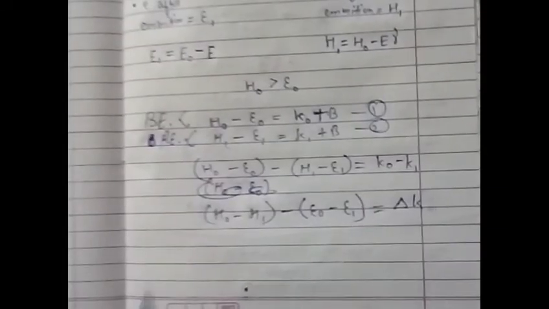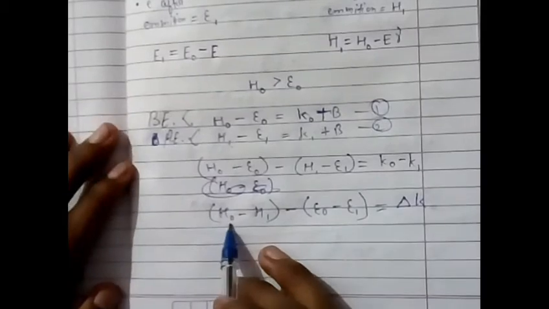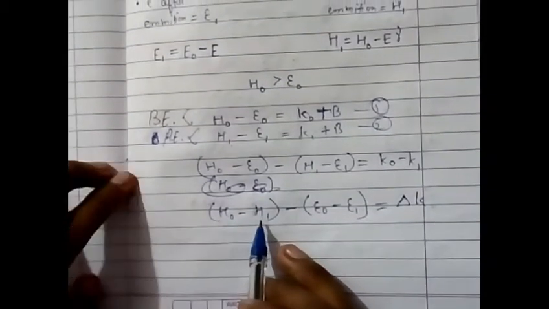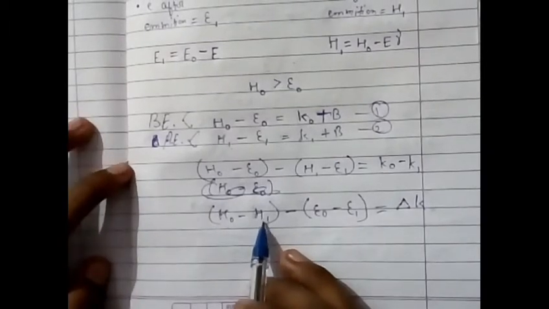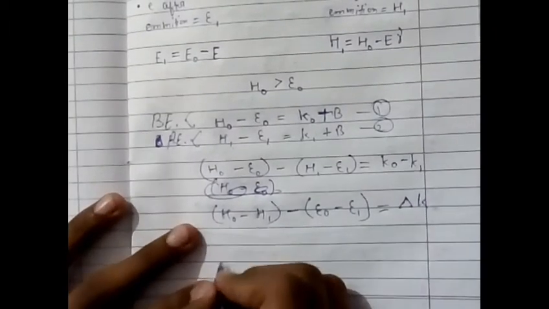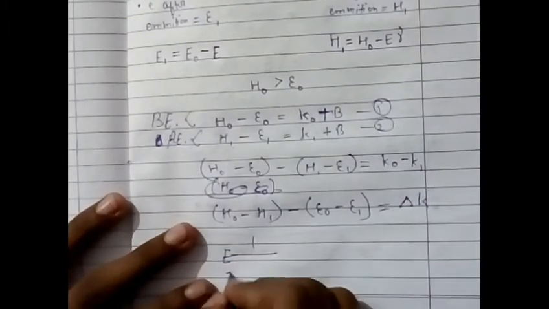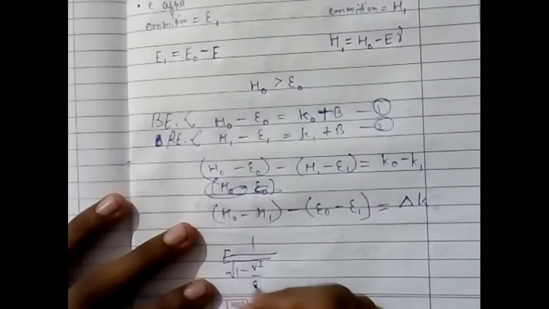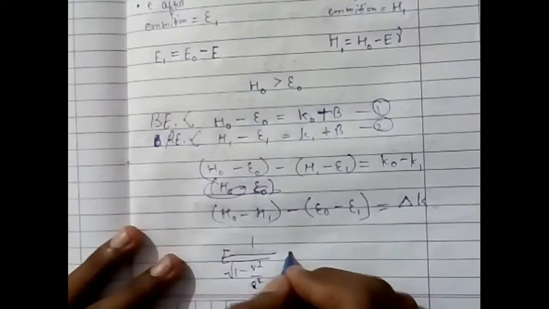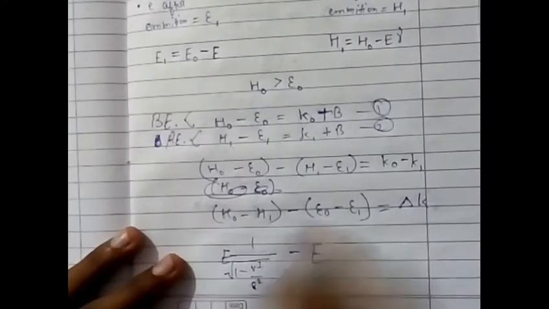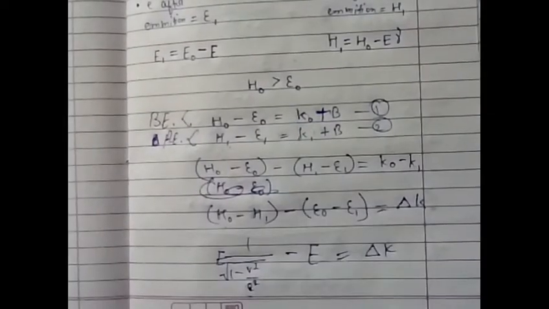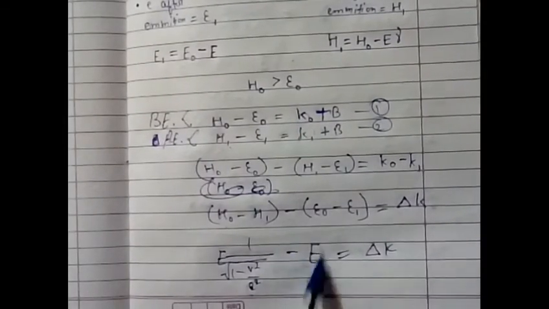If we get more precise, we'll notice that H0, the energy before emission for S prime, minus the energy after emission for S prime, that is the energy loss, which we have derived as E times 1 over the square root of 1 minus V square over C square, or in short E times gamma. Now we have to subtract this E, which will equal delta K. Why have we taken this E here?